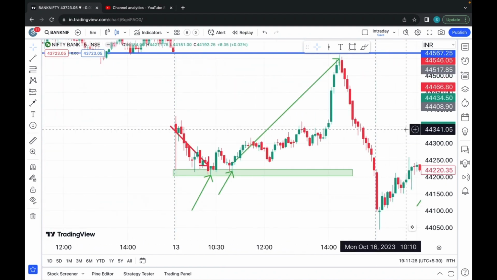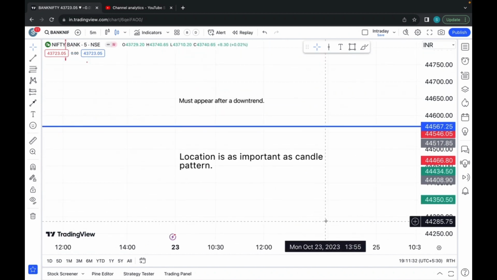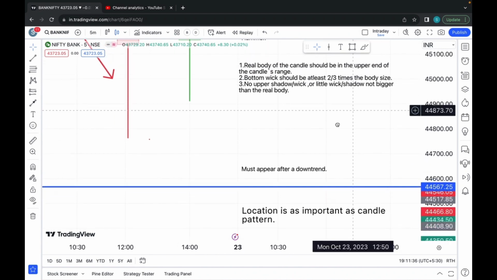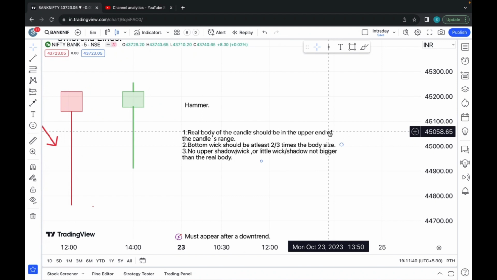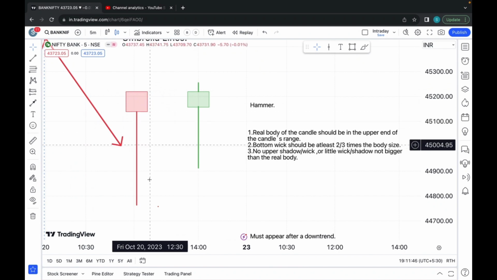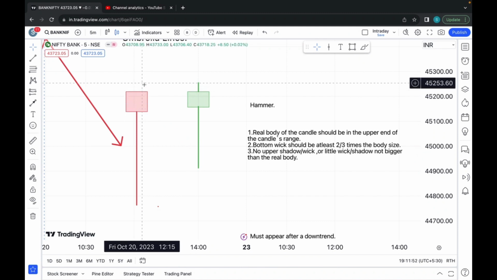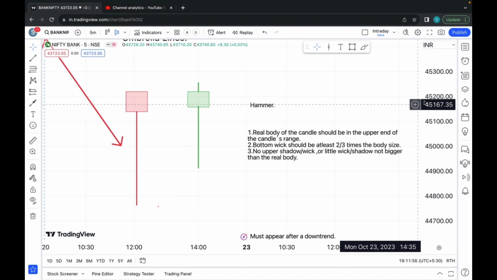Since the video is going so long, let's quickly summarize the points. The first point is that the real body of the candle should be towards the upper end of the entire candle's range. The bottom portion of the wick should be at least two times the size of your real body, and it should have no or very little upper wick, which shouldn't be more than your real body.